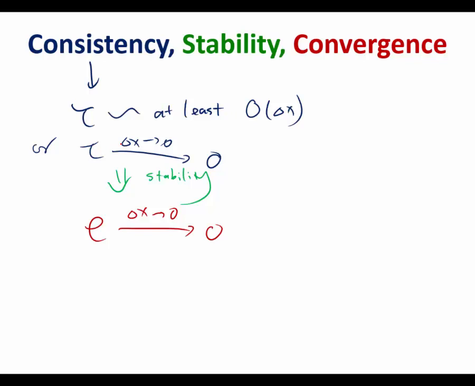And also, you have the same order of accuracy for the solution error as for the truncation error. Okay, so that's a fundamental theorem in numerical analysis, numerical solution of differential equations. That is the critical link between consistency, or order of accuracy of the truncation error, and convergence, which is the order of accuracy of the solution error. It's this concept of stability.